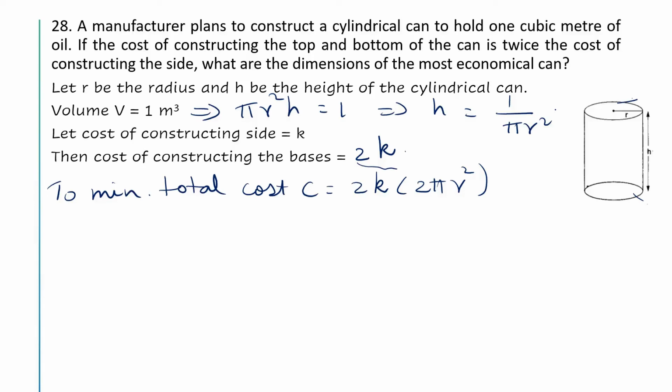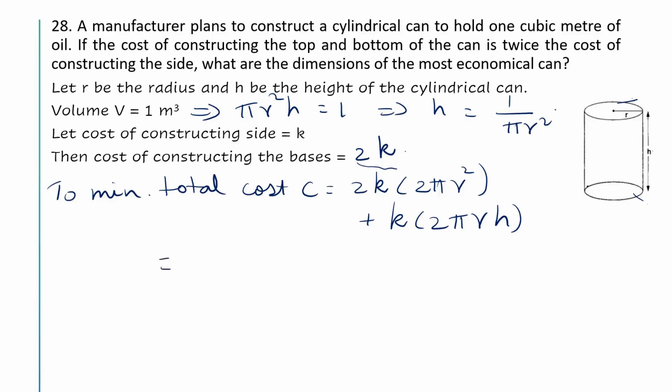So 2k into 2 pi r square plus k into, k is the cost of constructing the side, the area of the side, that is the curved surface area, 2 pi r h. So to minimize total cost, C is equal to 2k into the area of the bases, the top and the bottom, plus k into the curved surface area 2 pi r h.